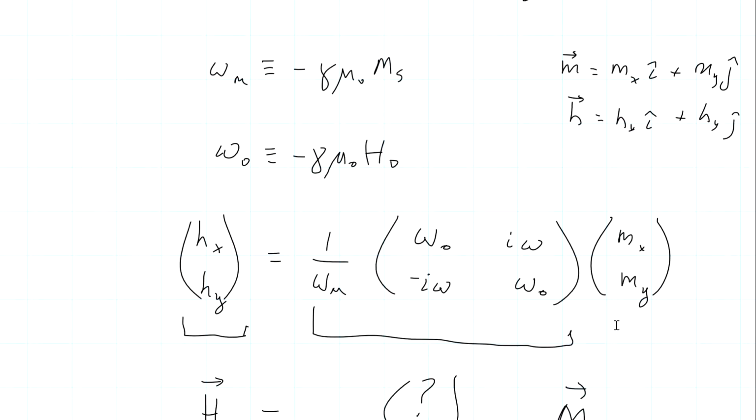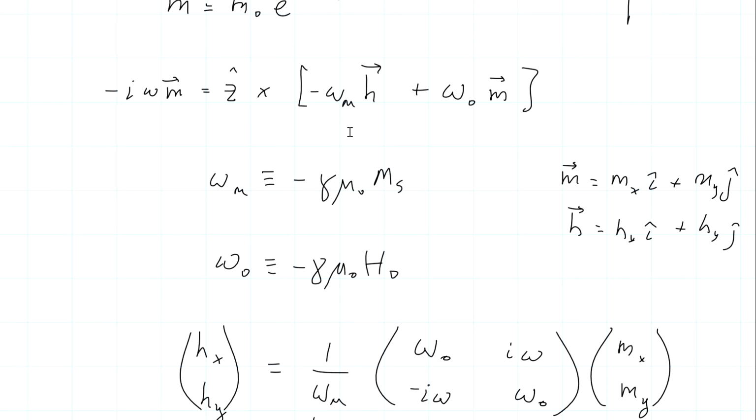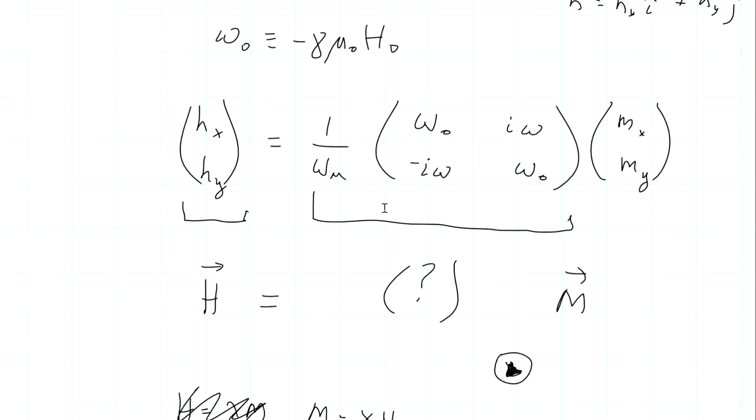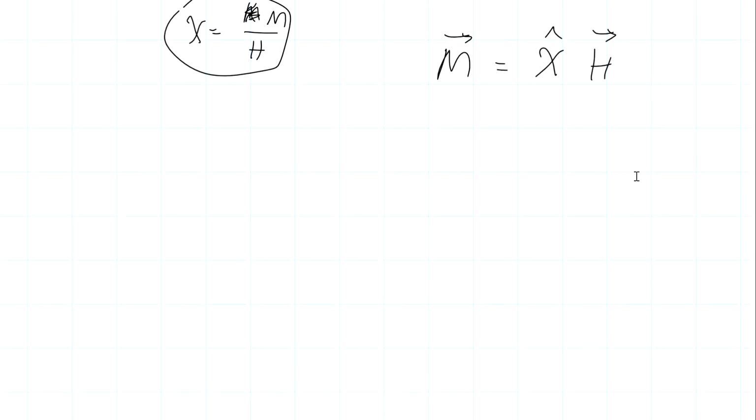The reason for that is this cross product right here. Let me highlight it so you'd see. The cross product is the reason why we don't have just a single constant. If you look at this, this is a matrix where applying hx would affect both x and y of magnetization. Therefore, we have to write it down in the matrix form.